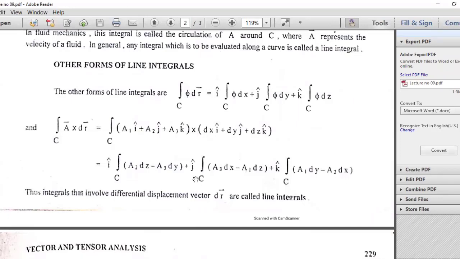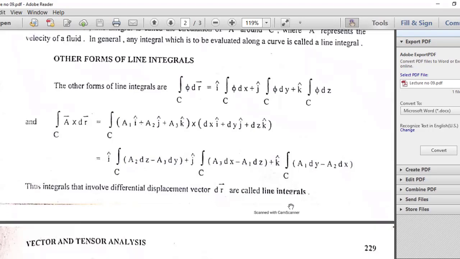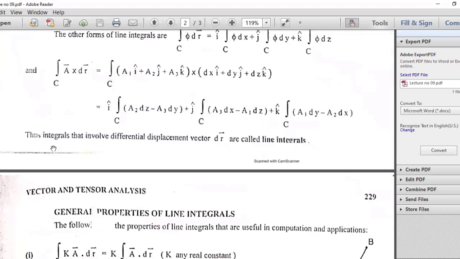Thus, the integral that involves the differential displacement vector dr is called a line integral.